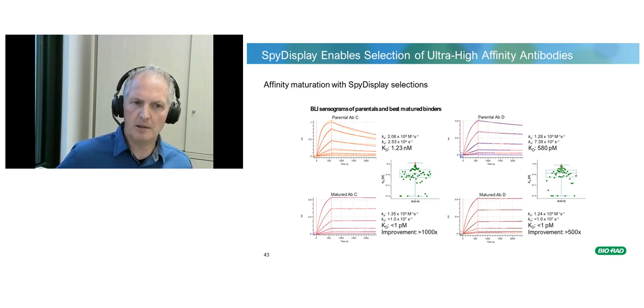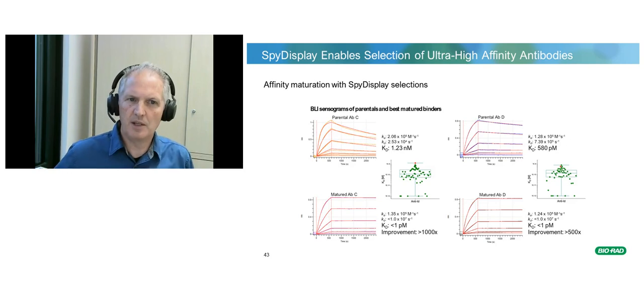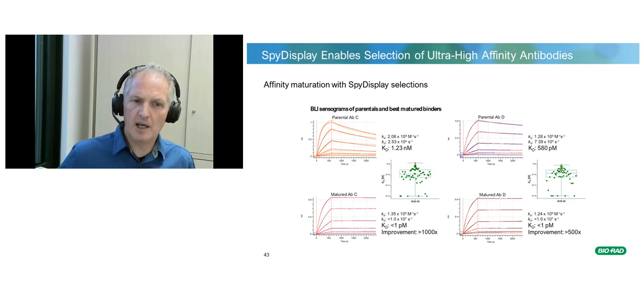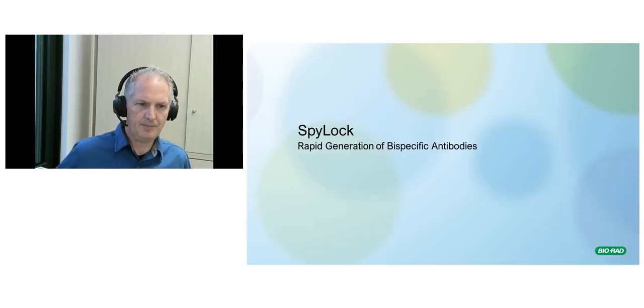By BLI, we cannot measure this affinity anymore because the off rate is so slow that we said here it's an affinity of below 1 picomolar. And this for both examples. So it shows that with SpyDisplay, it works very efficiently and you can select ultra high affinity antibodies.